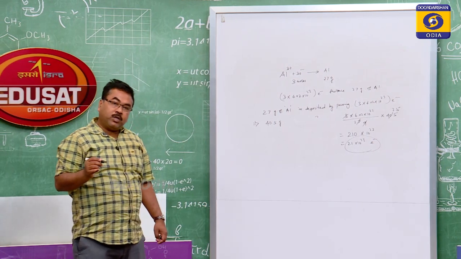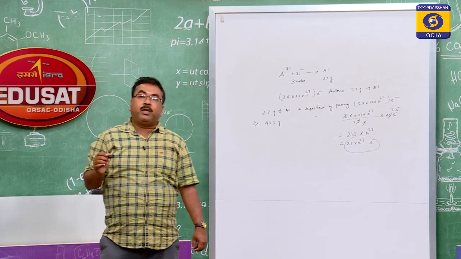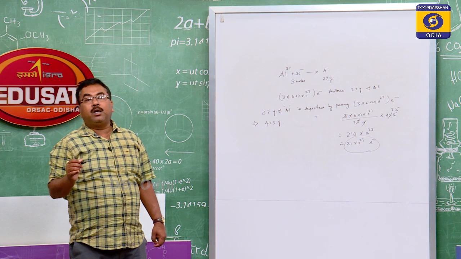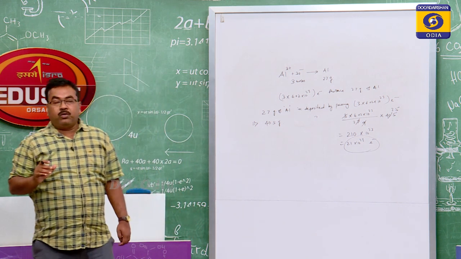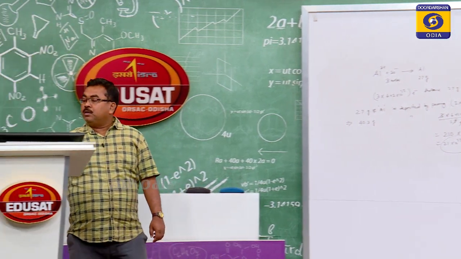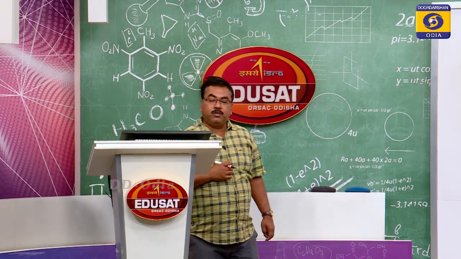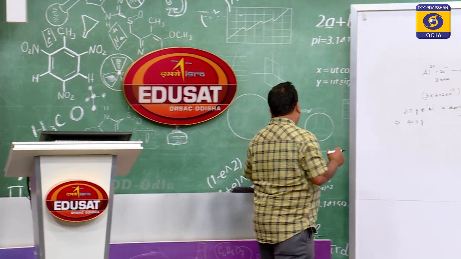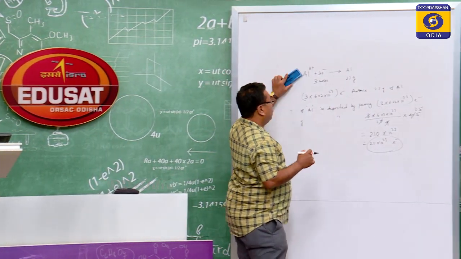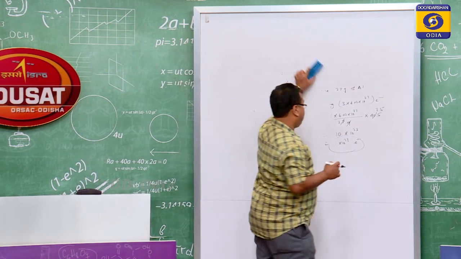If you go on solving such problems, you can better understand the quantitative aspects and have a better hold on the understanding. Now, let us move to the most important aspect of the subject, that is electrochemical cells or the galvanic cells, or we may call them the voltaic cells.